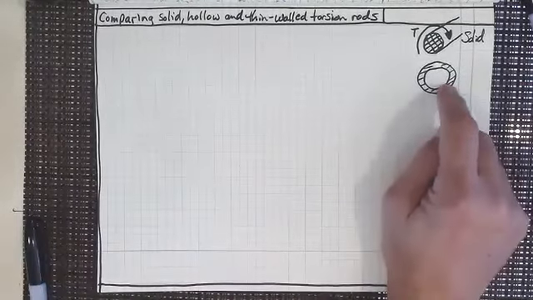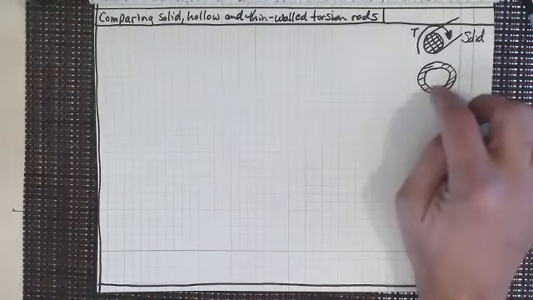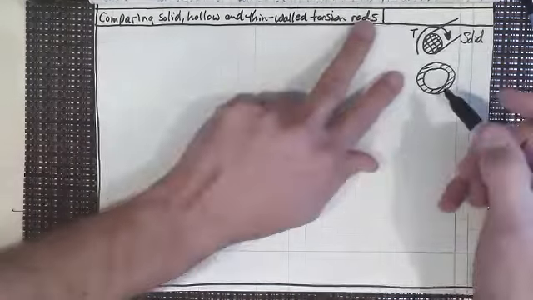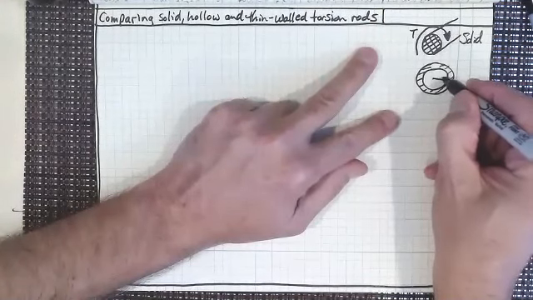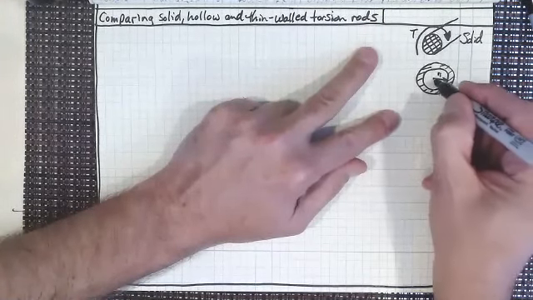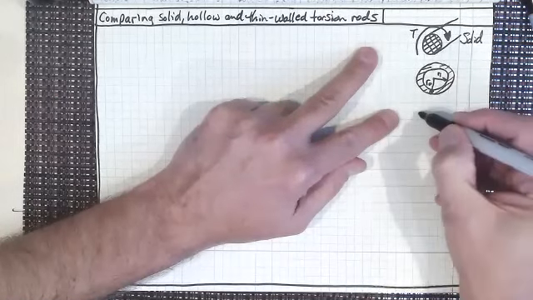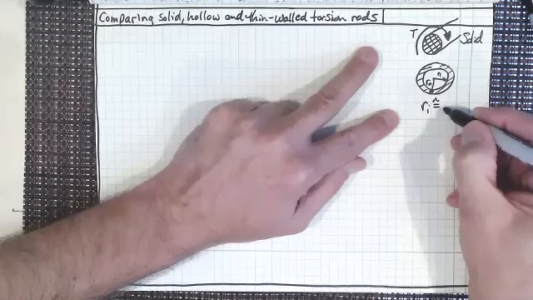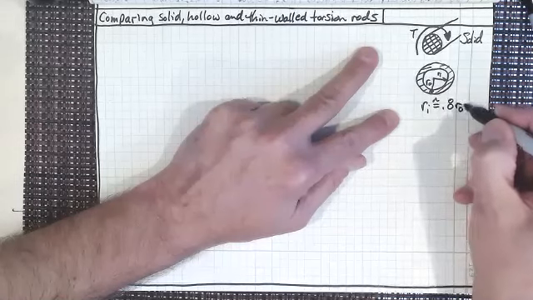For the drive shaft in your car, you do have a hollow shaft. And so when I say hollow shaft, the comparison I'm going to make here is that if we looked at the two radii, the inner radius and the outer radius, the inner radius in this case is going to be approximately 0.8 of the outer radius, so that we have that relationship.